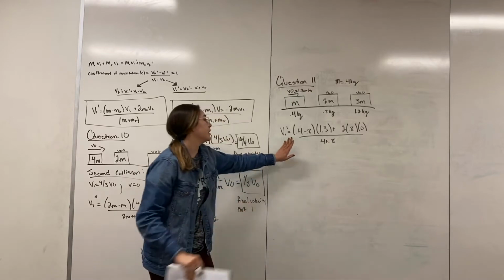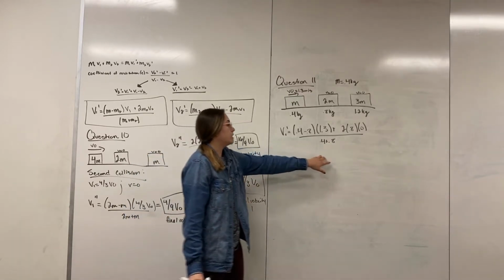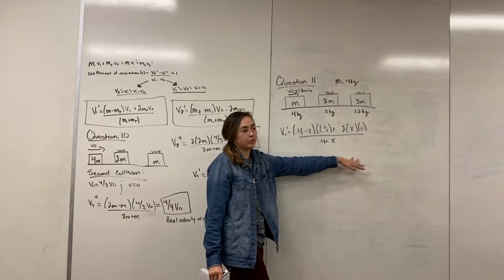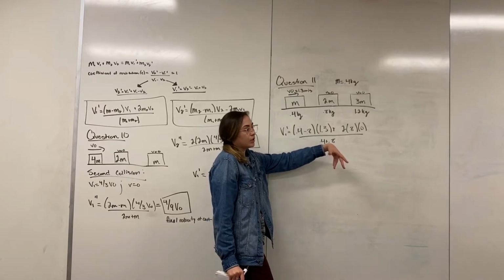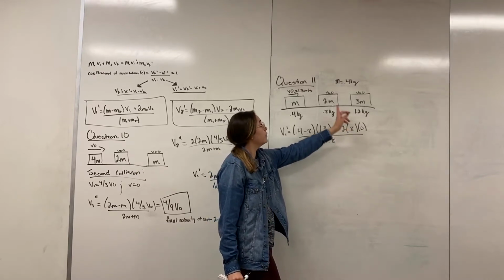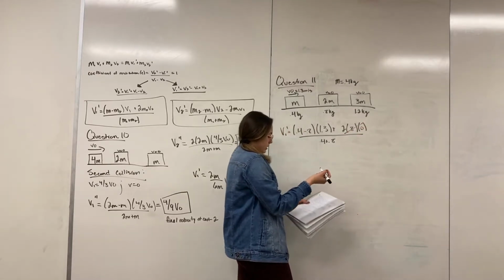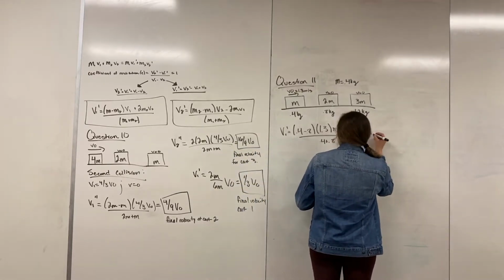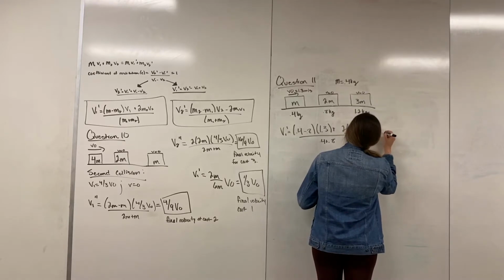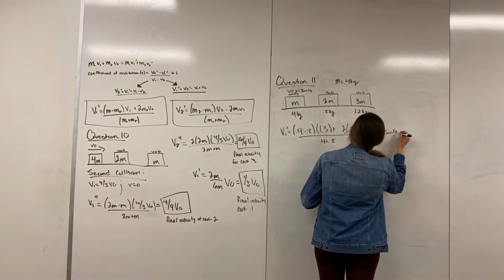So here I have inputted all of the numbers, and I put it just to reconfirm that VO equals 0, so this is going to cancel out. And once calculating this, V1 prime comes out to be negative 0.43 meters per second.